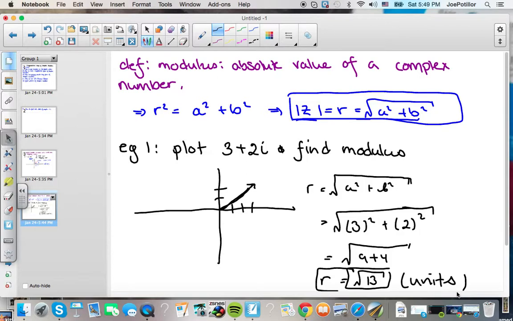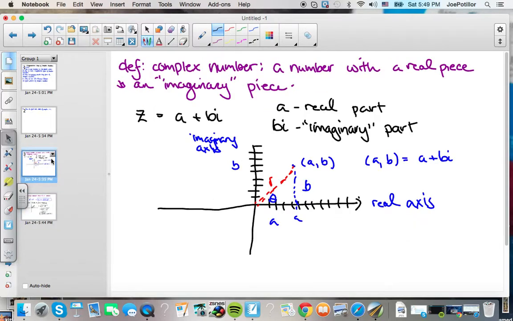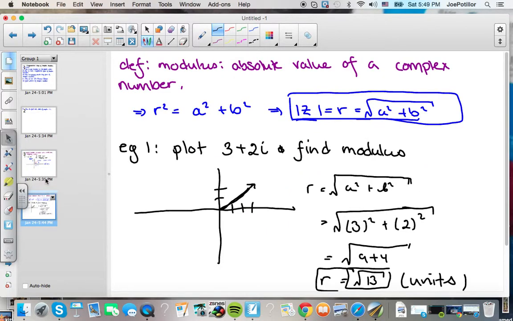Now, that's plotting numbers in the complex plane. And so now, from this graph, I want to derive our forms for the trigonometric form. Because simply plotting numbers on the plane is really easy. It's going over your real piece, then your imaginary piece, like that.